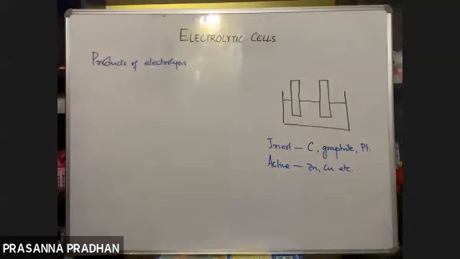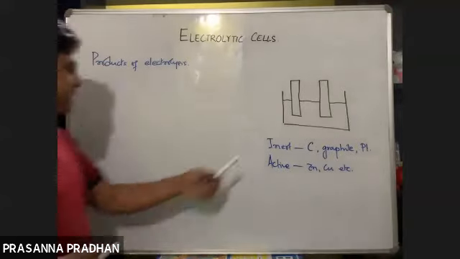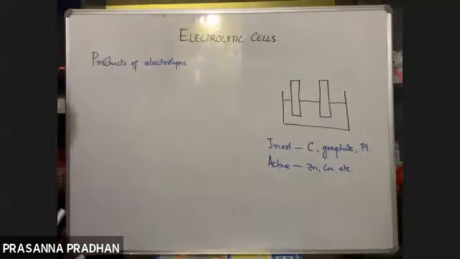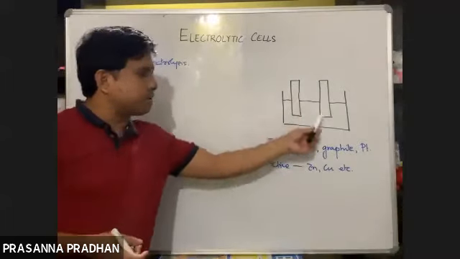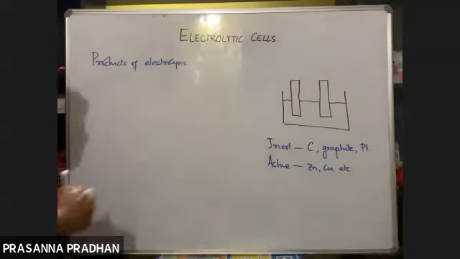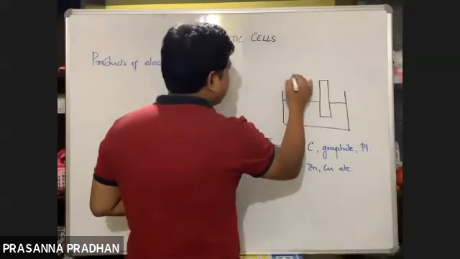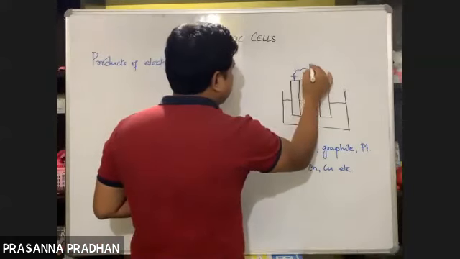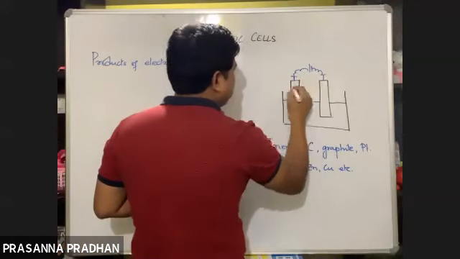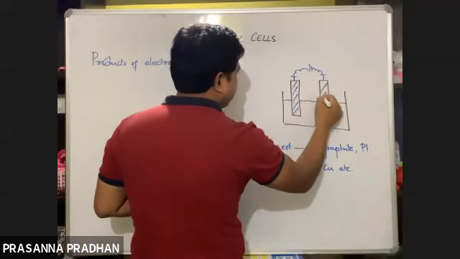So there are two types of electrodes. One is an inert electrode. It just acts as an electrode, no reaction occurs. It does not participate actively in the reaction. The other is an active electrode, which also participates in the reaction. Again, we have an external source of electric current here, and these two electrodes.